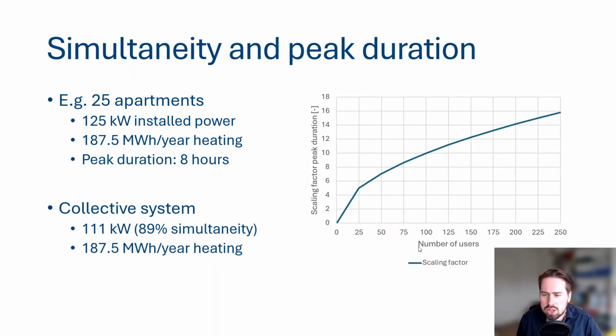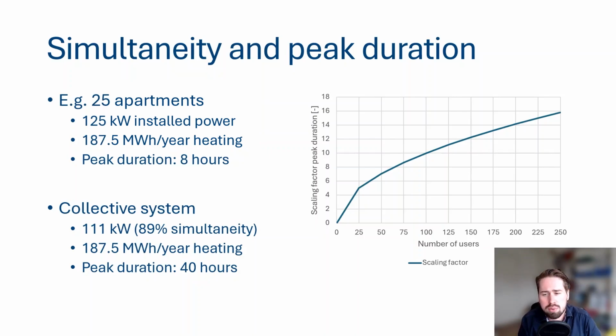And then for our peak duration, we see the scaling factor here, just the square root. For our 25 users, we have a scaling factor of 5, so we end up with a peak duration of 40 hours, which might seem like a lot, but of course these types of heuristic approaches scale and will become more accurate when you have more users.